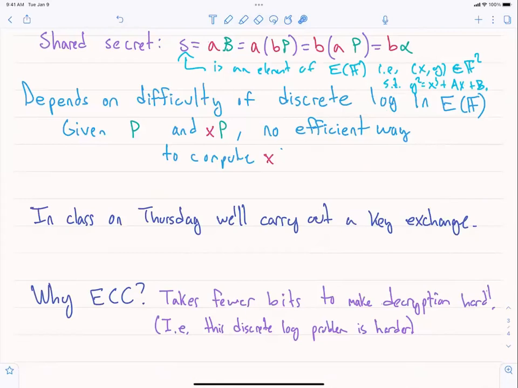We don't know as good of ways to solve it, so it's just a more efficient algorithm. You don't have to use as large finite fields, and the multiplication computations don't have to be as intensive, because even simpler computations are harder to undo in this problem. So that's the reason.